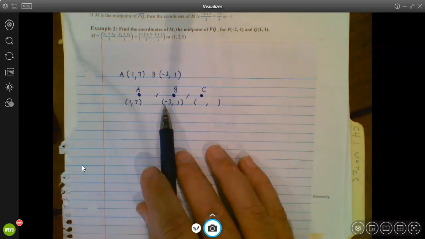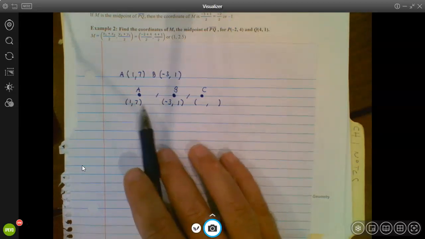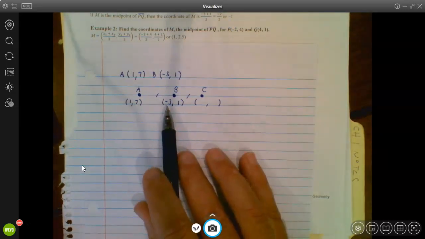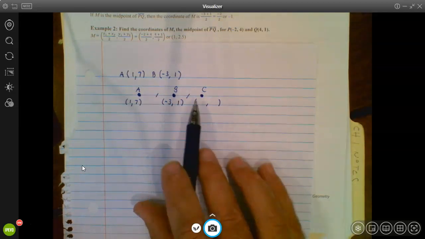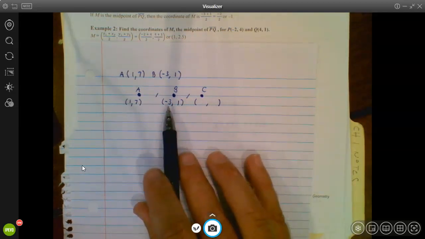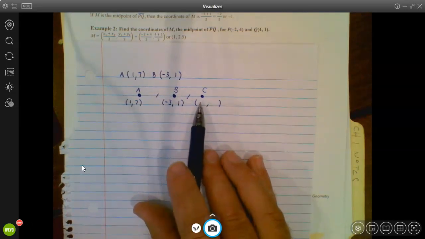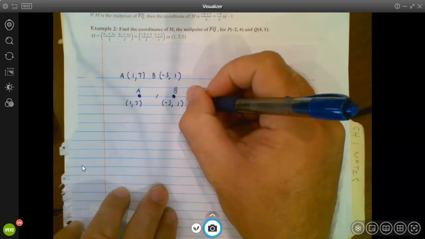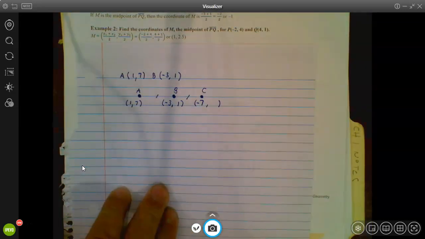You're decreasing 4 units. Well, from -3, just decrease another 4 units. Right? So if I continue going left another 4 units, where will I be? I would be at -7. And so there's my other endpoint.